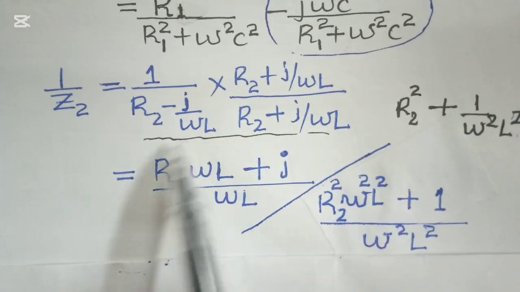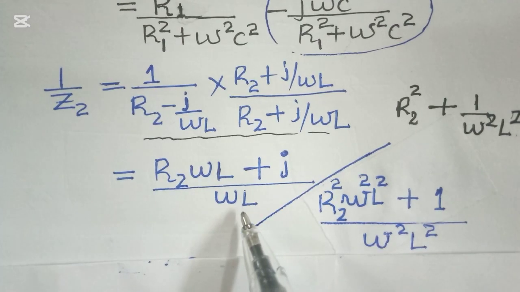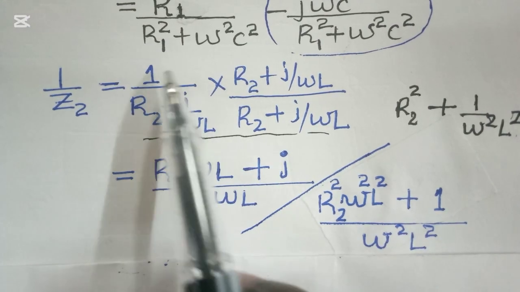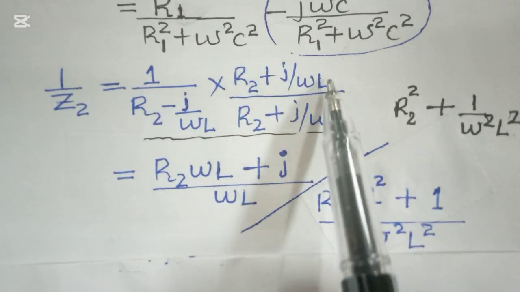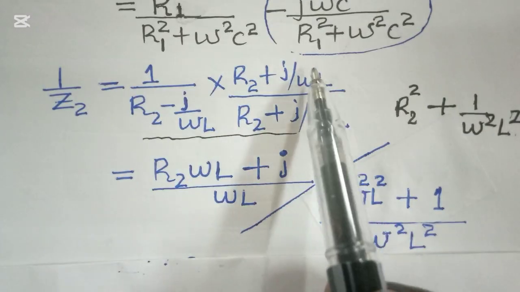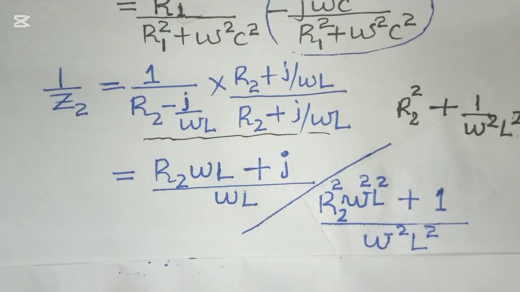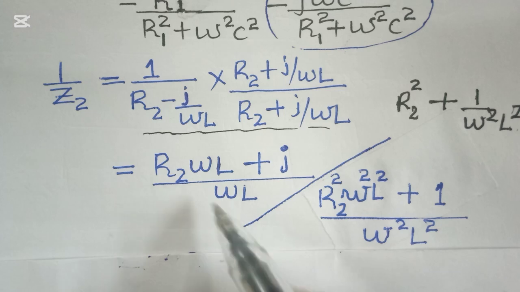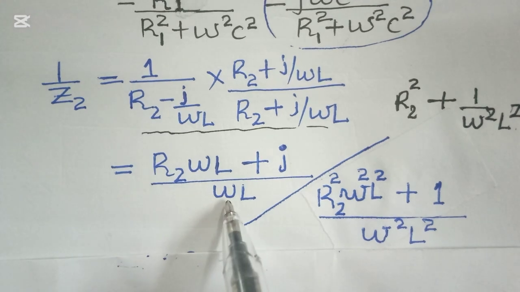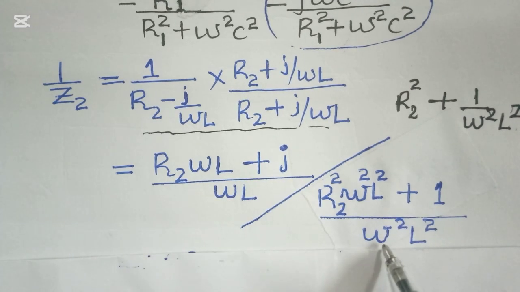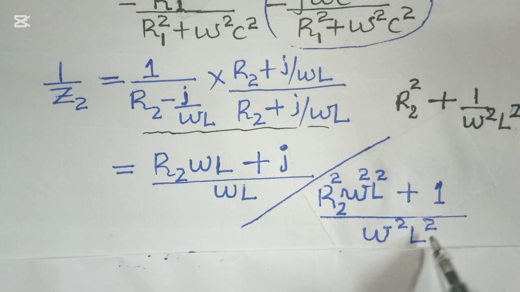For the first one, we still do the same, whereby we multiply this and that, and then put them under the same denominator. When we do that, we get that. So from there we can cancel this, because you can see here we have WL, we have W squared and W squared.